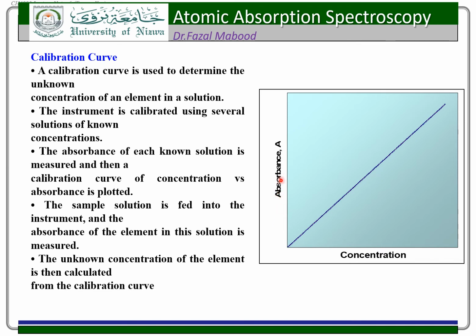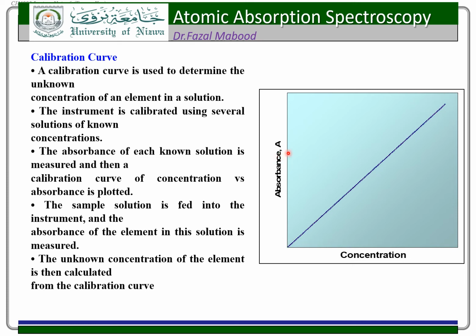To make the calibration curve, which we also call a regression curve, we first need to prepare the standard solutions, measure the absorption for each standard solution, and then plot the absorbance versus the concentrations. We get a straight line, which we call the regression line.